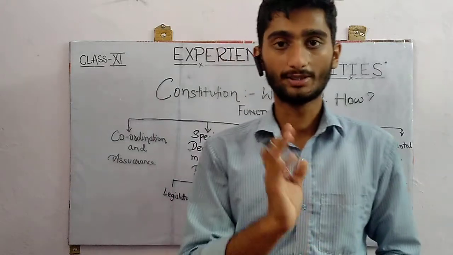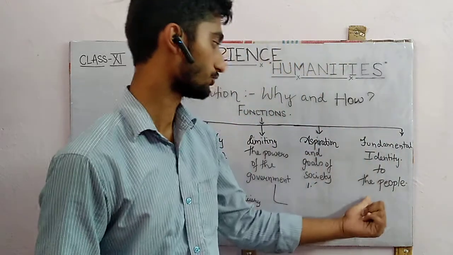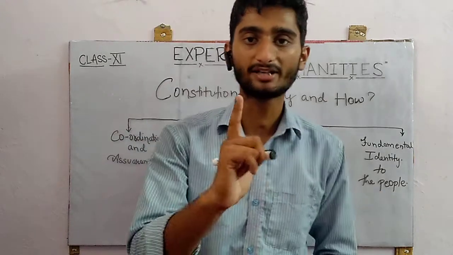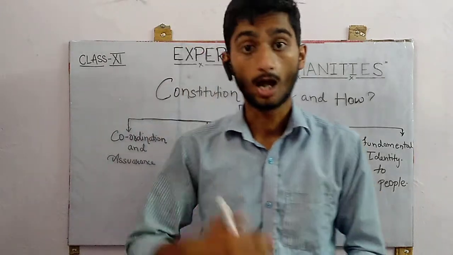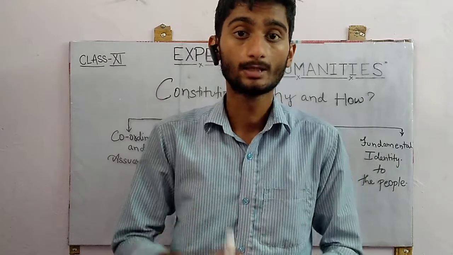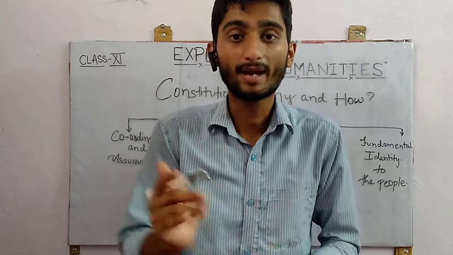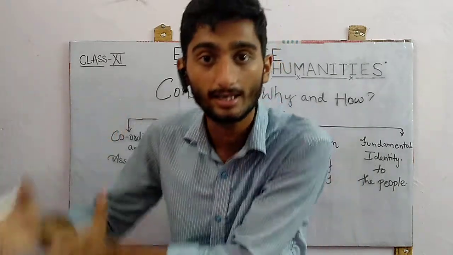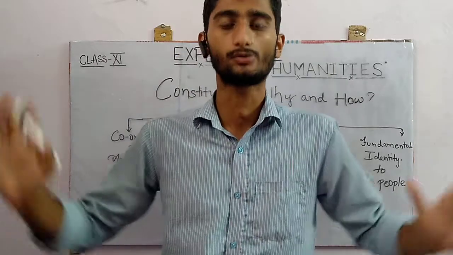This is also done by our Constitution. That is the fundamental identity of the people. How is this identity proved? This identity is proved by certain guidelines given in the constitution of any country.